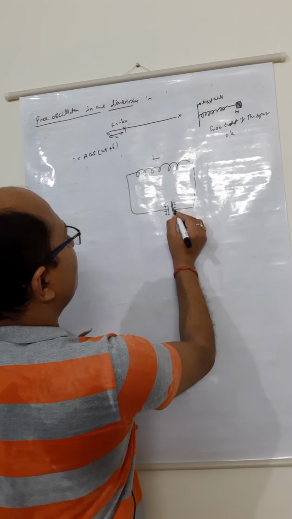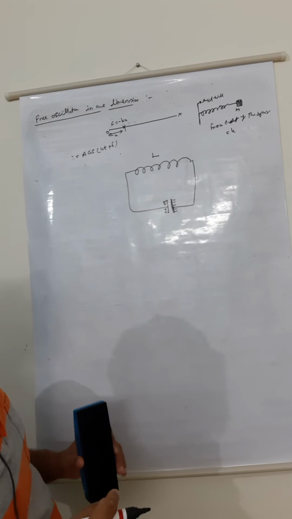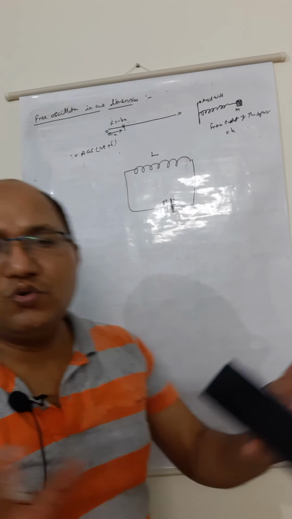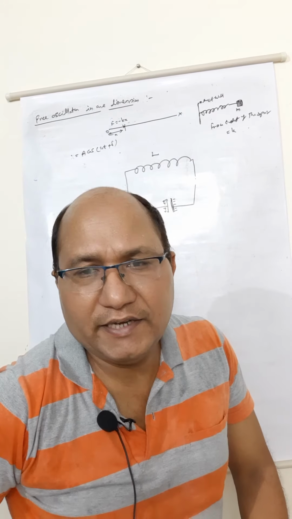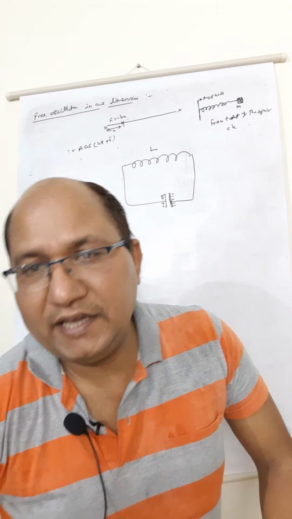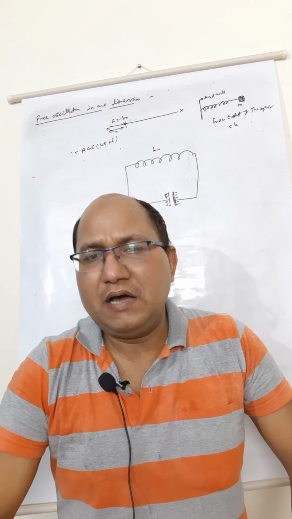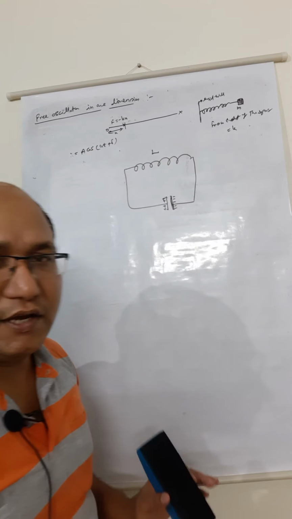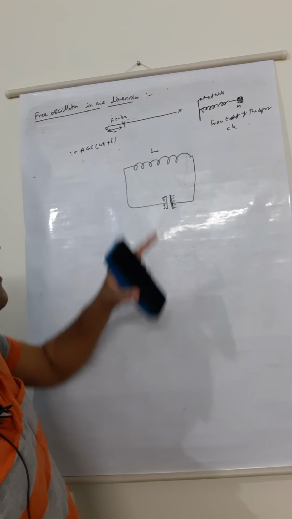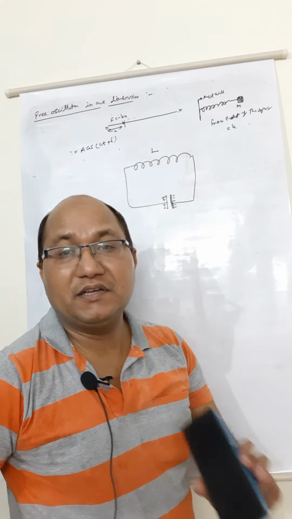I also rigidly say that there is no resistance in the inductor. That is, the current energy loss is negligible or zero. There is no energy loss through the inductor because it is a pure inductor having resistance 0.